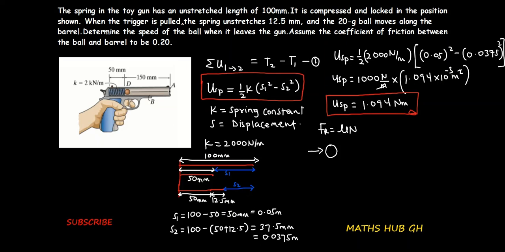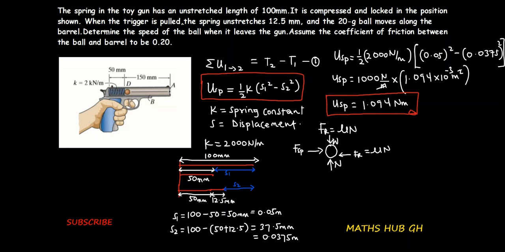Then we have the weight force pointing downwards, and this is the force of the spring. This will be the normal force N, and then we have the frictional force in this direction, which is Fr. That will be equal to the coefficient of friction times the normal force.